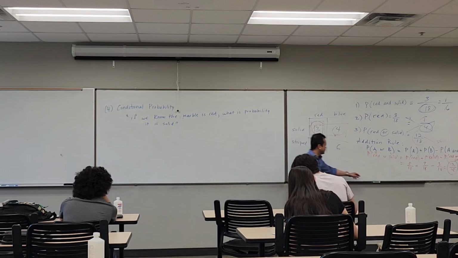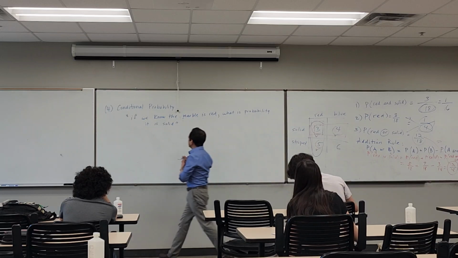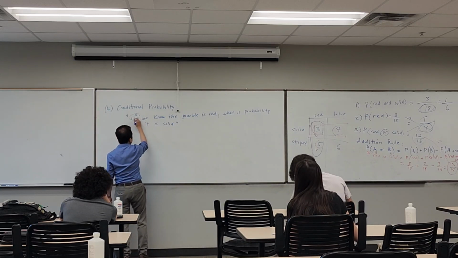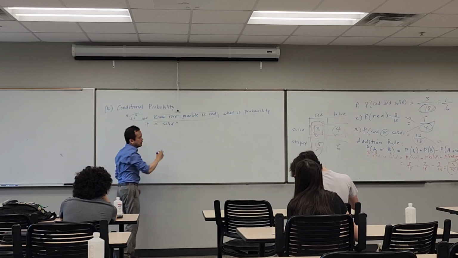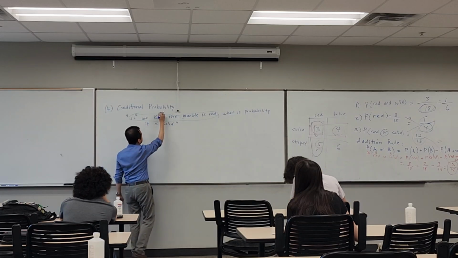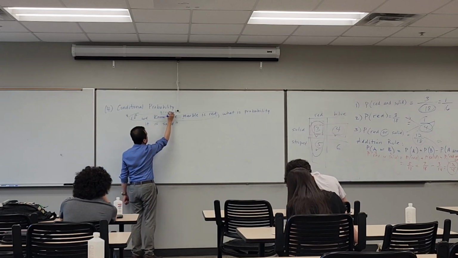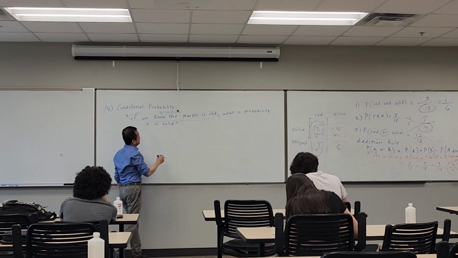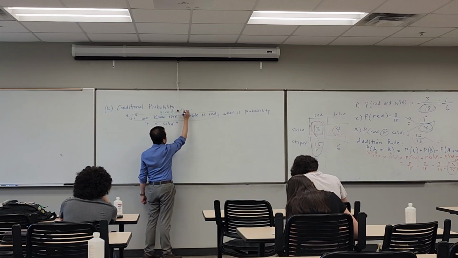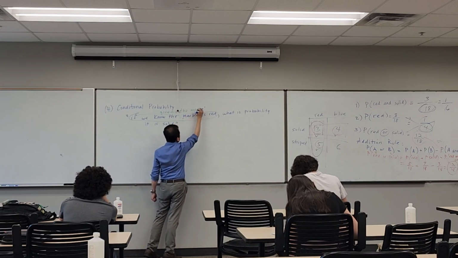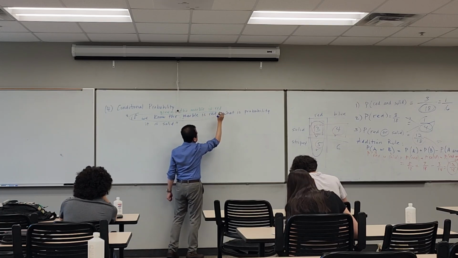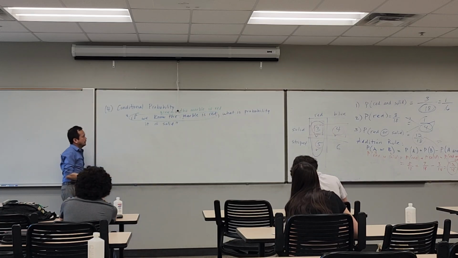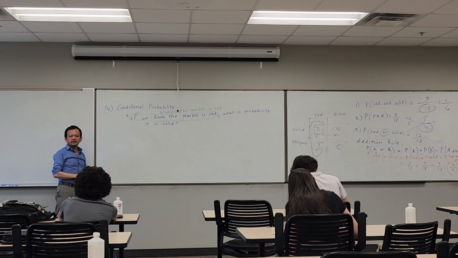So another way to say this, instead of saying if we know the marble is red, another way to say this is given that the marble is red. So, any ideas how to approach this question?